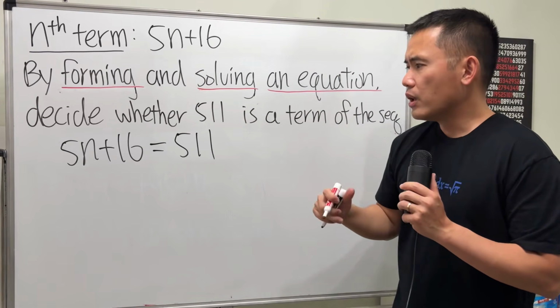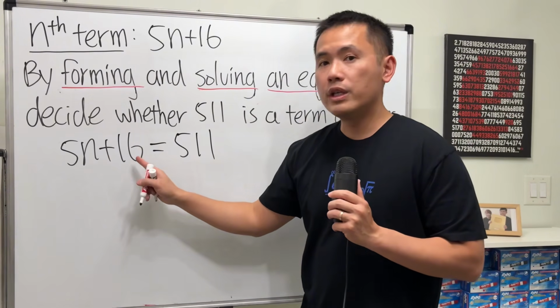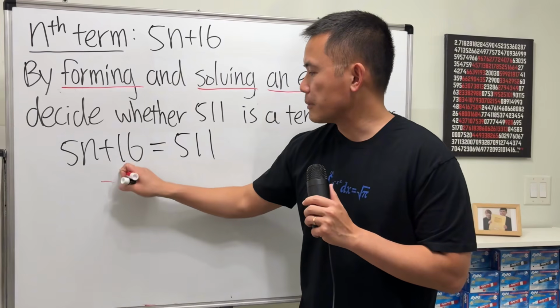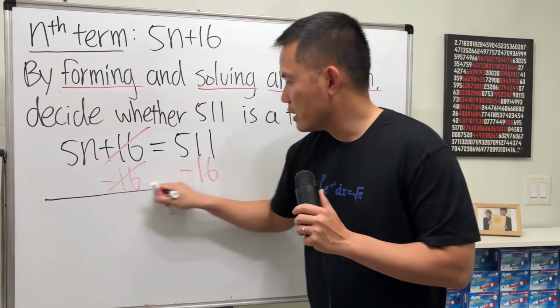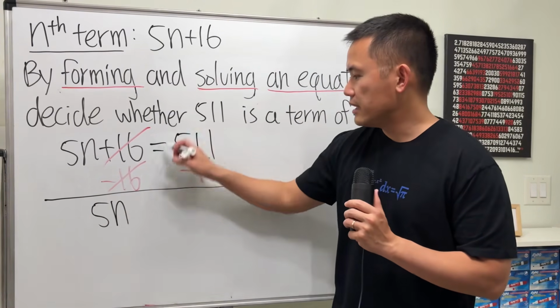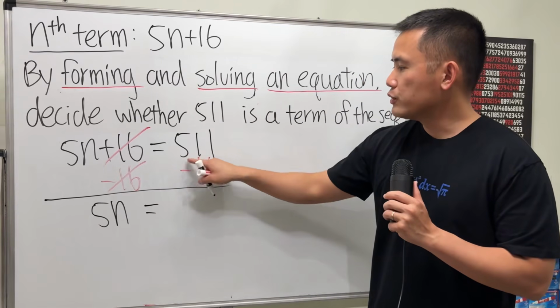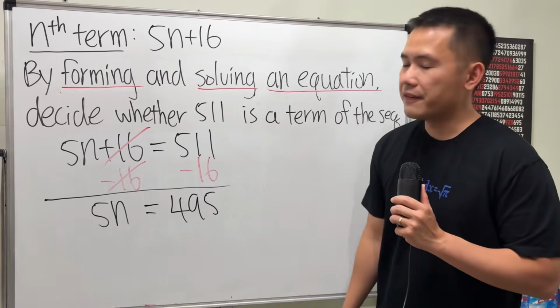So to do so, you can show work like this. 5 times n plus 16, we get rid of the 16 first by subtracting 16 from both sides. So this and that cancel, so that you can just get 5n on the left-hand side, and then this is equal to 511 minus 16, which is 495.